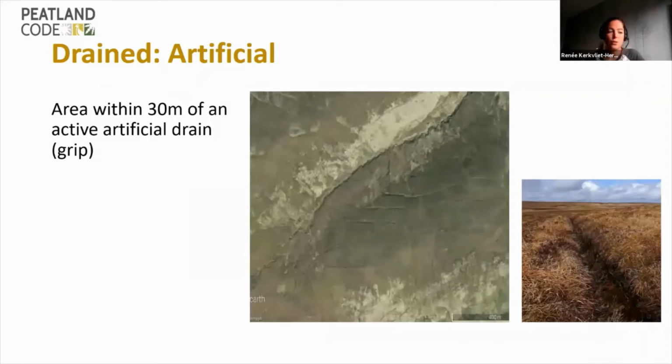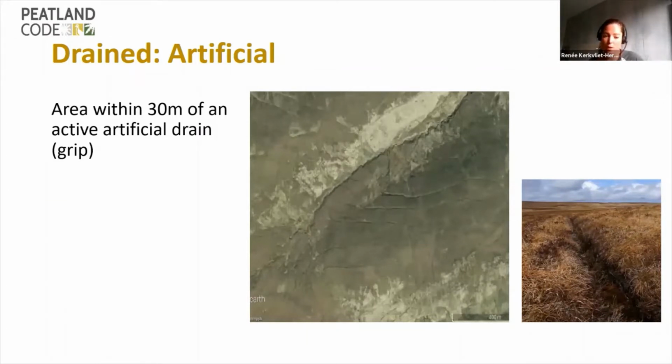The drained artificial, on the right, you see an artificial dark drain, and then we buffer an area around our drains. We say about 30 meters around a drain is where the drain has an actively draining effect. In practice, that area is usually much bigger, but we have to be absolutely certain that the emission reductions we are selling are there and are real.